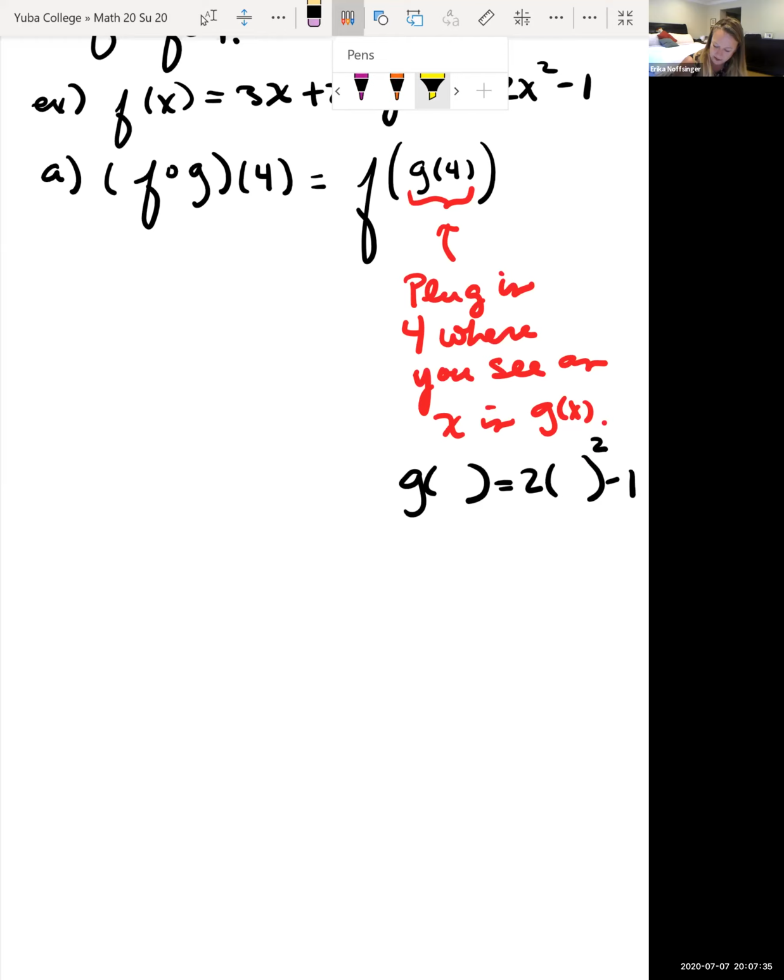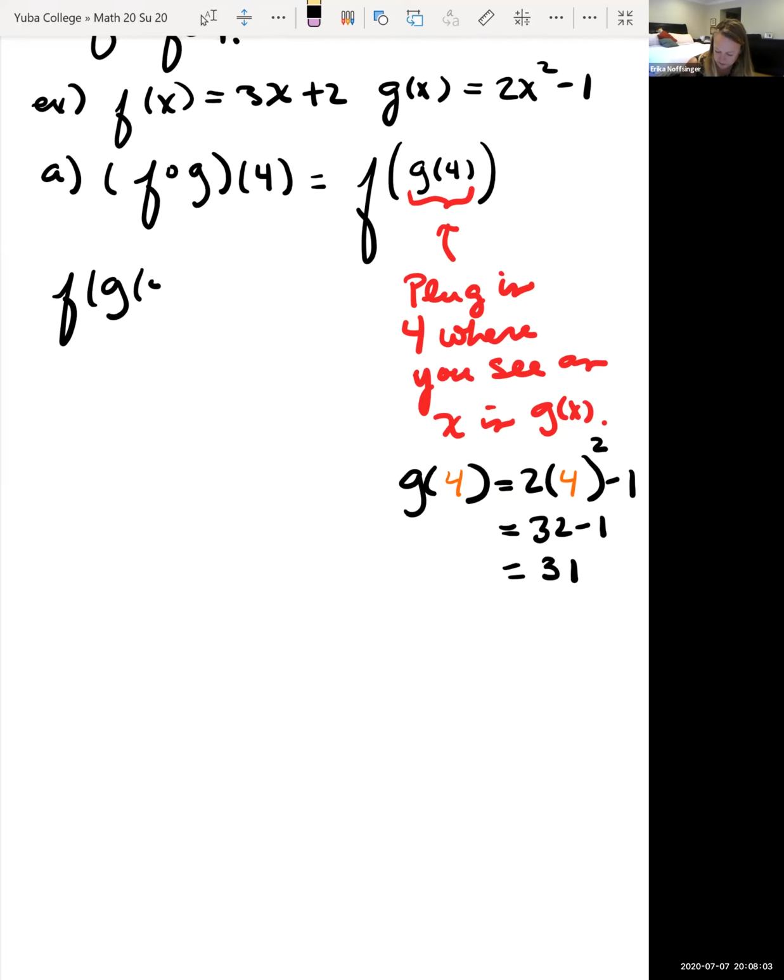Going back in and plugging in 4 wherever we see an x, order of operations, square the 4 first. 4 squared is 16 times the 2 out front is 32 minus 1, which is 31. So g of 4 is 31, and so f of g of 4 is the same thing as f of 31.